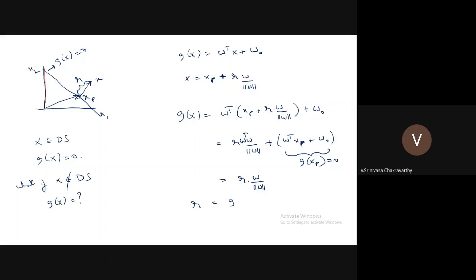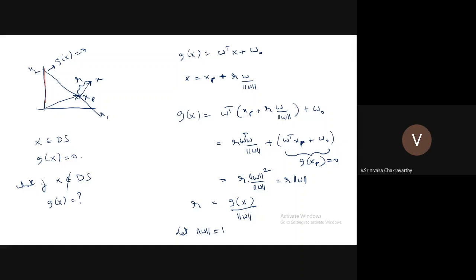Now w transpose w will be norm w squared, so that will be equal to r times mod w. Therefore r is equal to g of x by mod w.